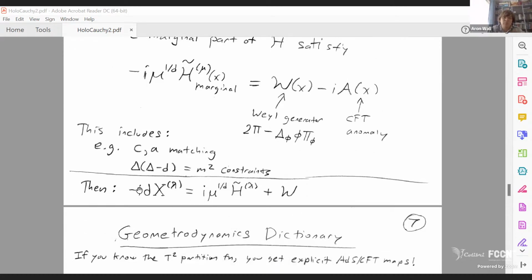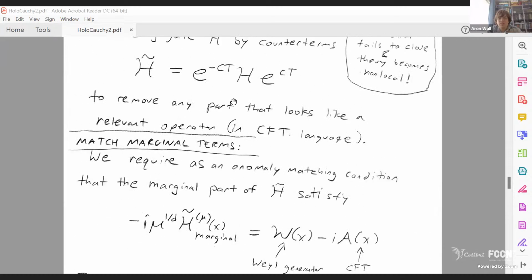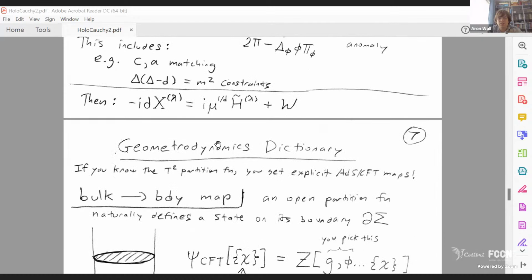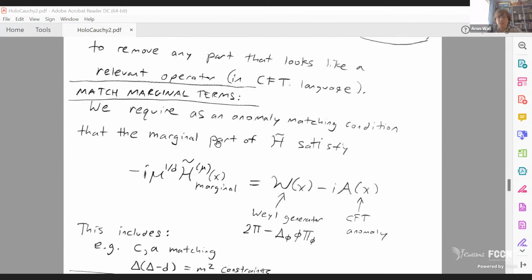Then you can just immediately write what deformation you need to plug into your deformation in terms of the generator of Weyl transformations and this counter term modified Hamiltonian constraint. Okay, so there's some procedure that you can turn the crank and do this for any Hamiltonian.